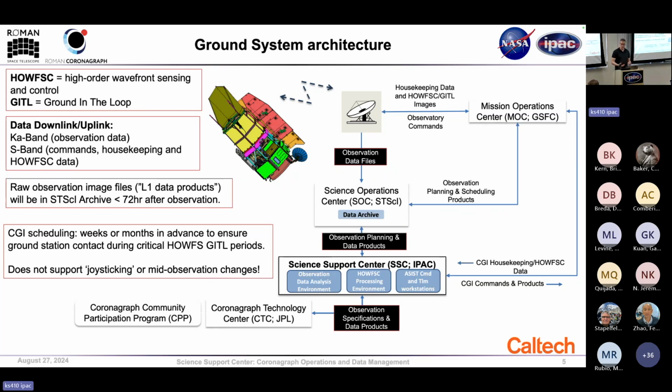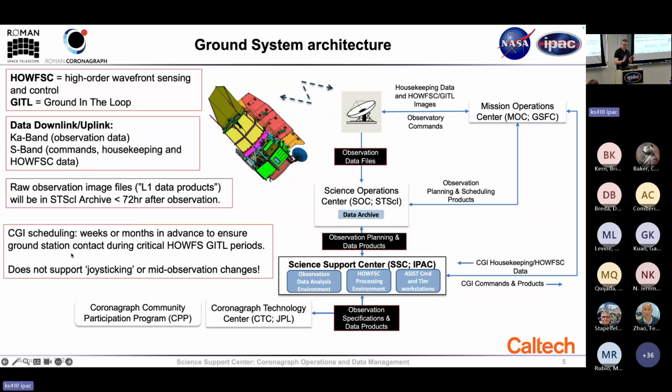So scheduling and observation must be done weeks or months in advance, because we need to program ground station contacts for the crucial Hopeless Skittle. We need to make sure we have the ability to be in contact and know when that's going to happen for the ground in the loop portion.